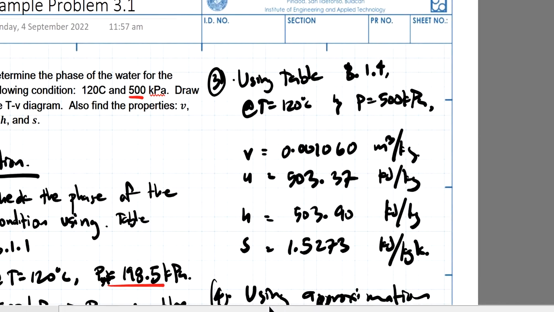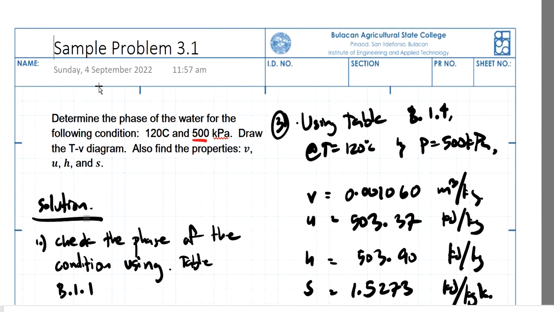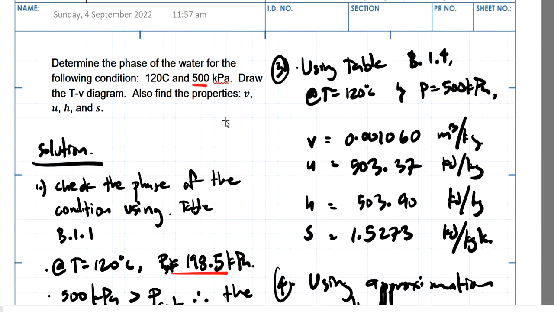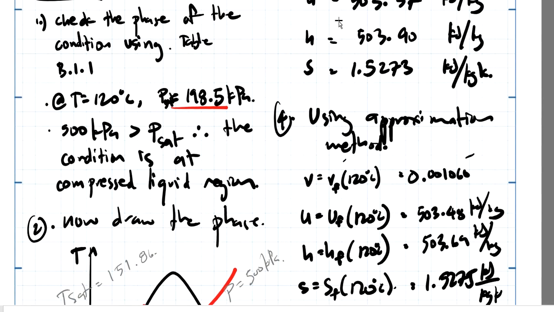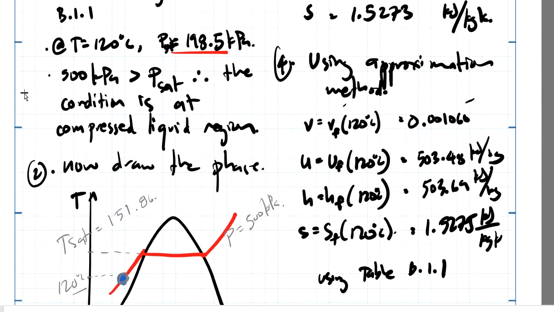Okay, so I think that's all for this problem. So if we have a recap on what we did, first we are asked to find the phase of the water for this condition, 120 degrees C and 500 kPa, and also to find the other properties. So the first step that we did was to check the phase of the given condition, and we use this table B.1.1 or B.1.2, the pressure table, and then just check whether it's greater or below the saturation properties.